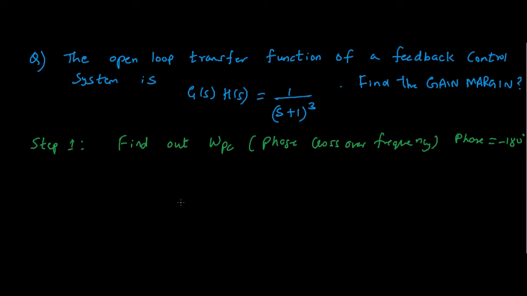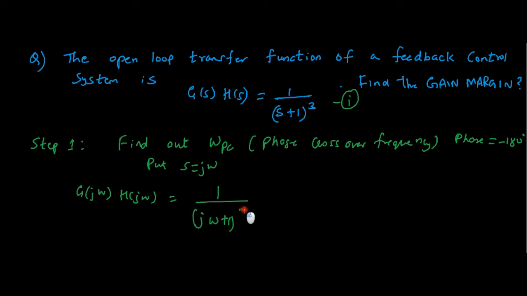Okay, to do that, put s equal to j omega in this equation, say equation 1. That is, g of j omega into h of j omega is equal to 1 over (j omega plus 1) whole cube.